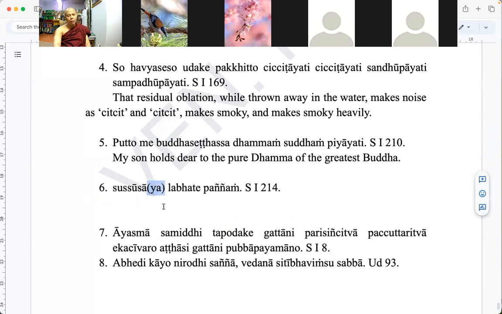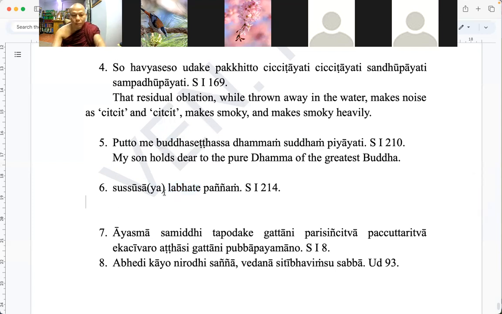Susa labhati pannya. So one obtains, one achieves wisdom by obedience, or by attentively listening to someone, listening to the teacher in this way.